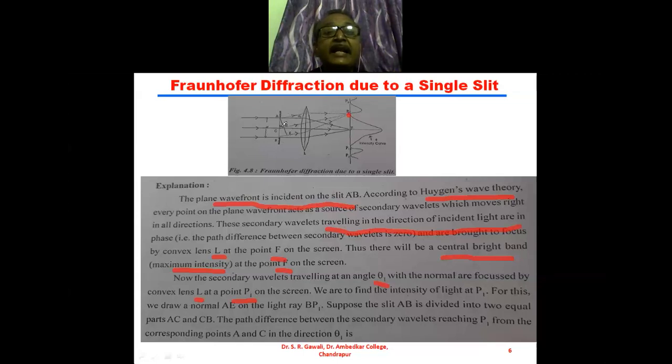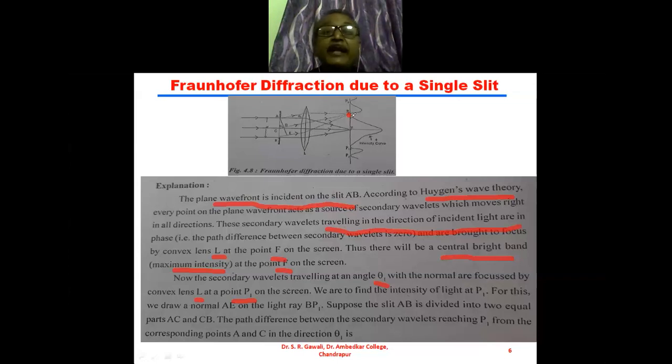So this angle is θ1, and all these secondary wavelets are parallel to each other, and therefore they are to be focused at the particular point P1, and for that purpose there is a convex lens L. With the help of this convex lens L, all the secondary wavelets reach the point P1.